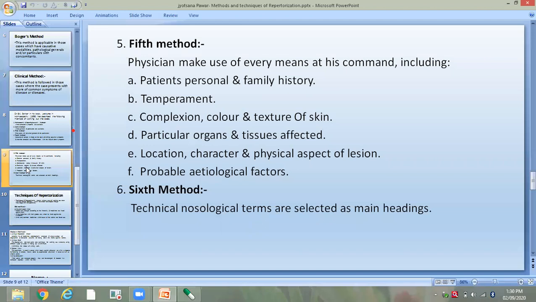So this fifth method of repertorization is used when we get all common symptoms in the case.